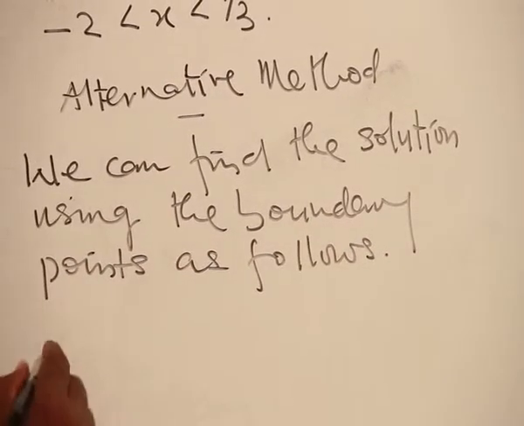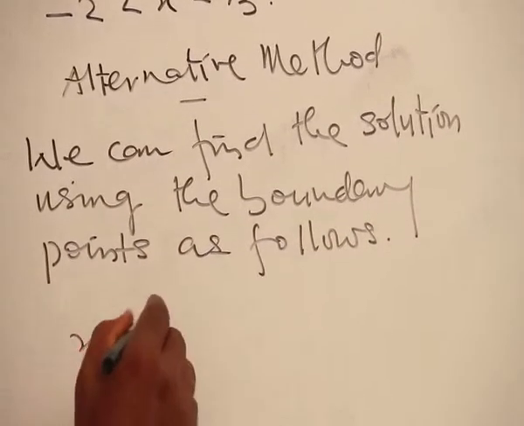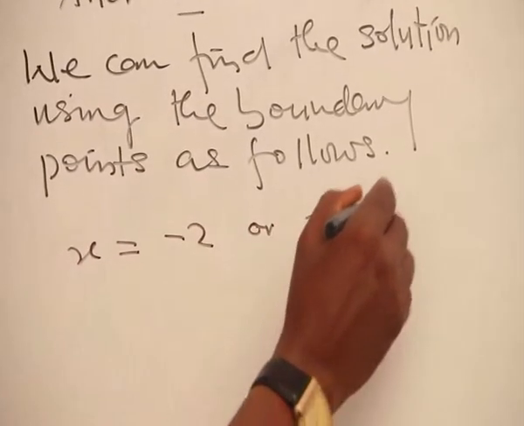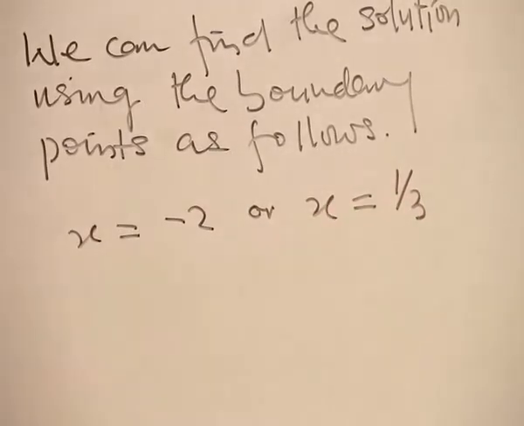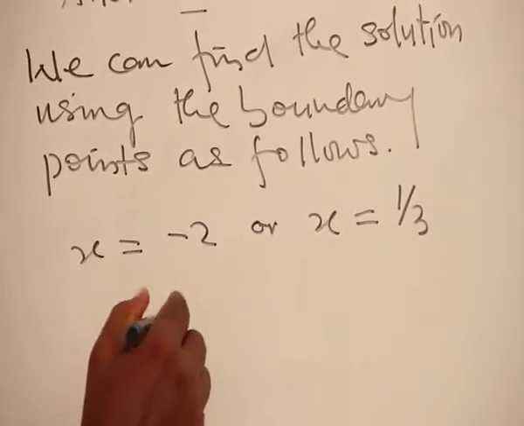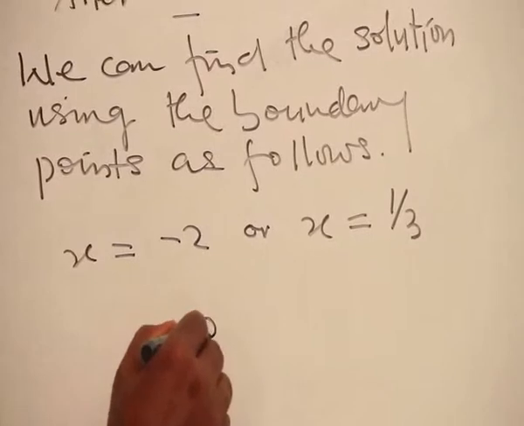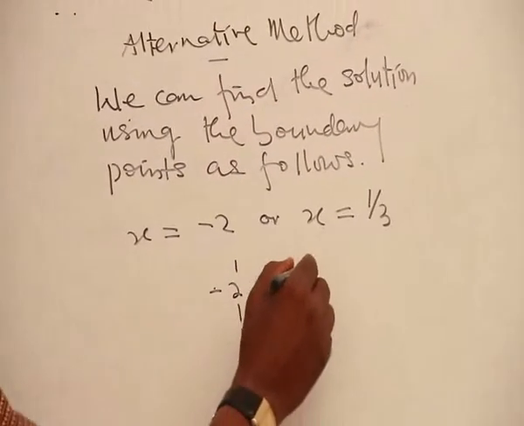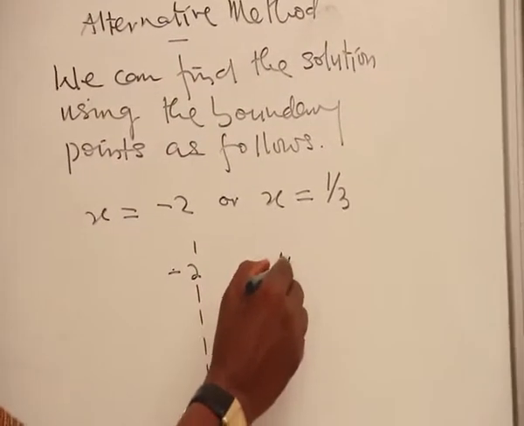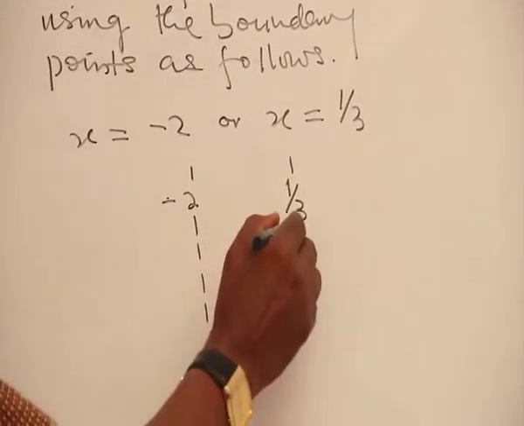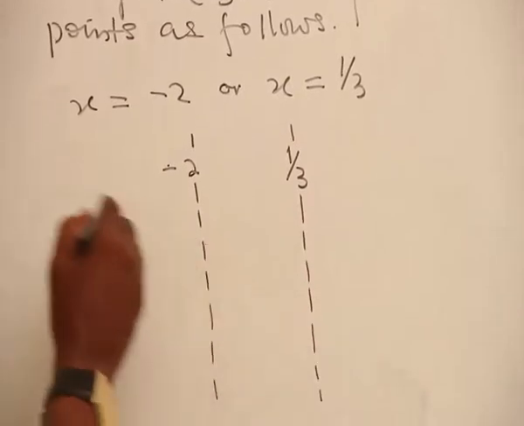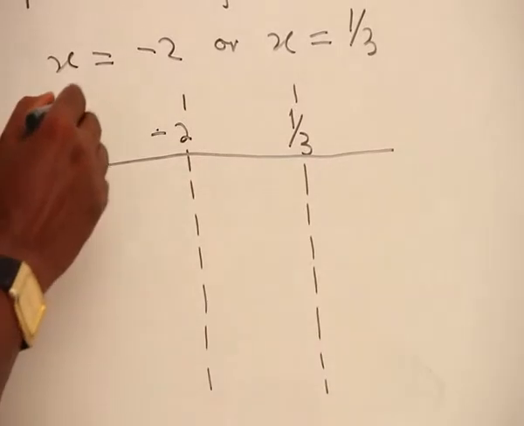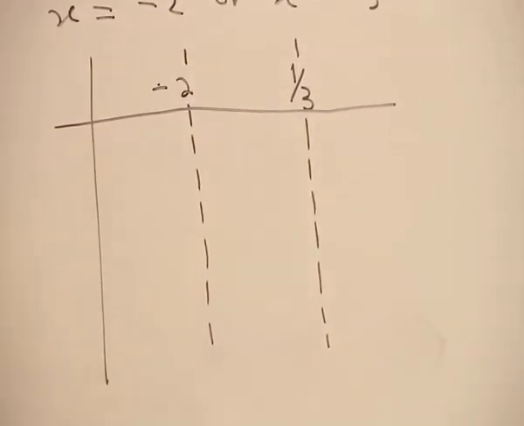We have already gotten that our s is equal to -2, or our s is equal to 1/3. So we have -2 as a boundary point. We also have 1/3 also as a boundary point. Then we have created 3 compartments.